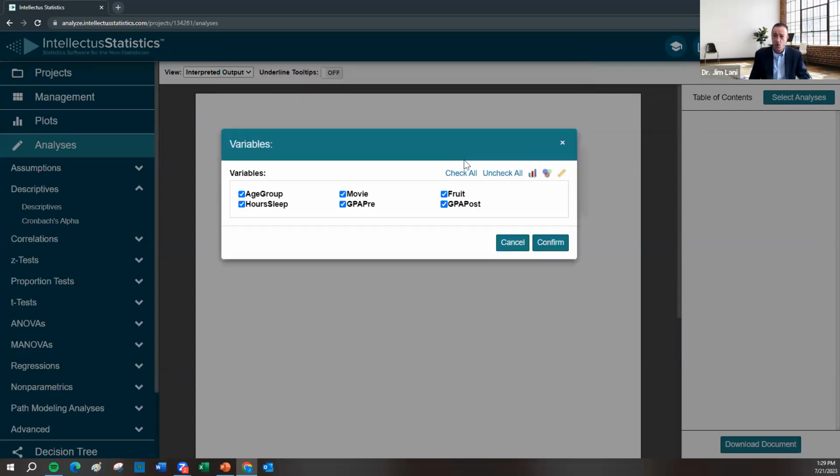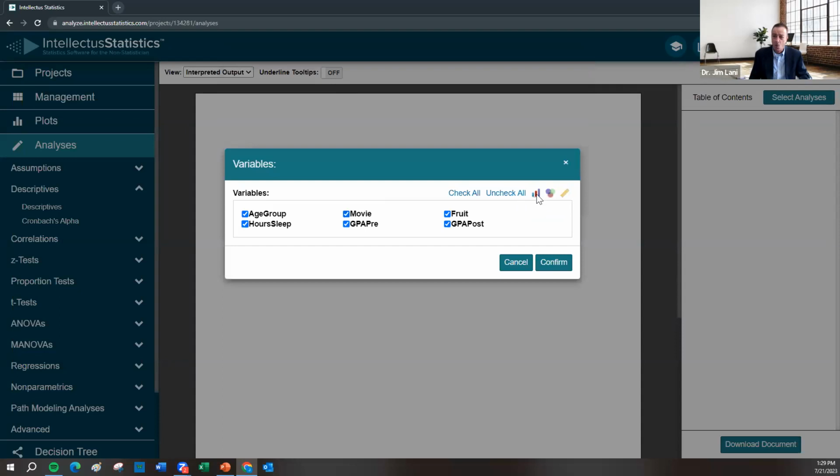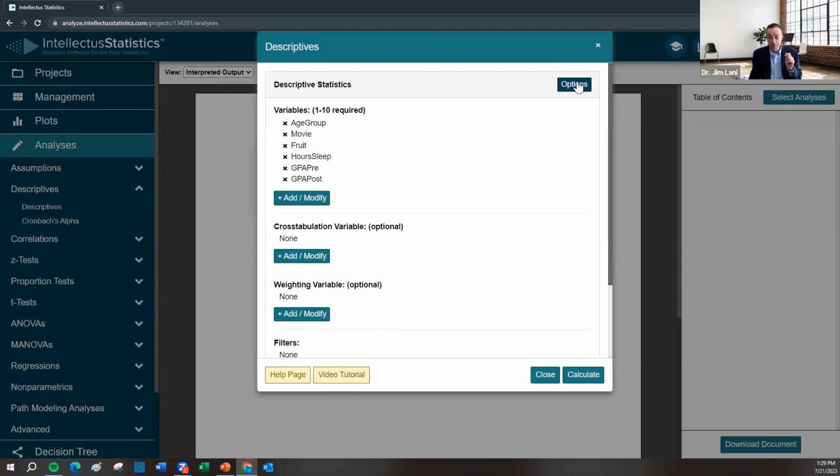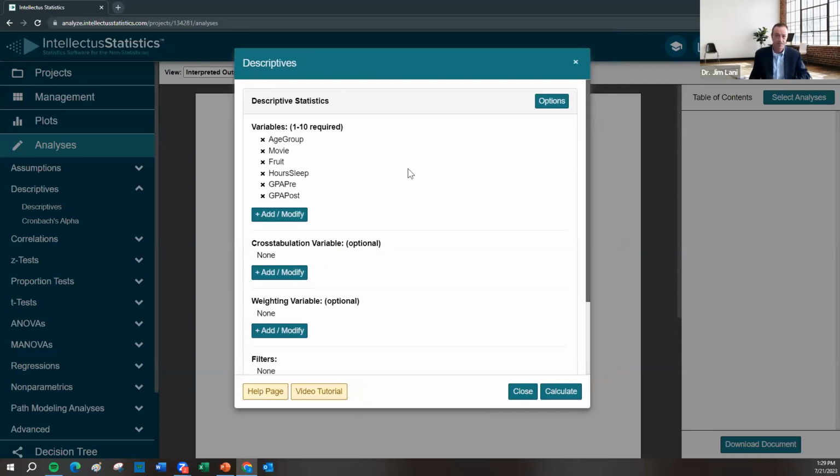This is saying that for my descriptive statistics, all these levels of measurement, scale, nominal, and ordinal, are all fine. So just know that that's there. So lots of help along the way, right? We have videos in there, we have options in there, and we're sharing what kind of variables are acceptable for this particular test, descriptives.